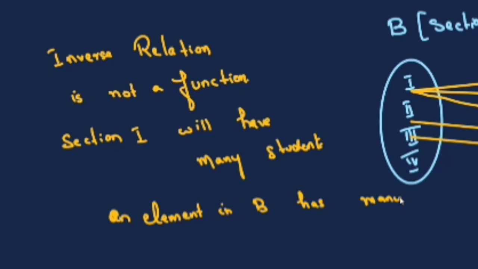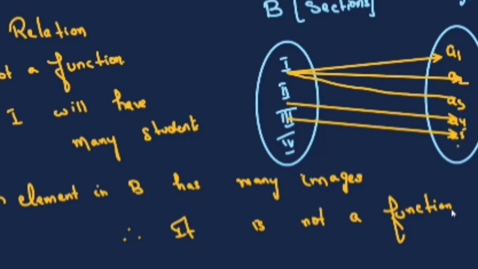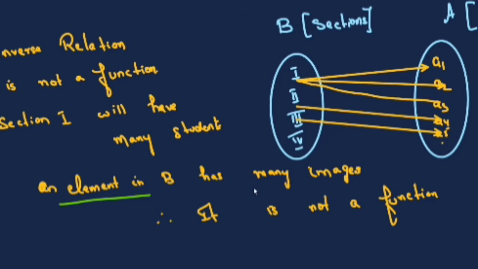An element has many images. When an element has many images, see, element 1 has many images, therefore it is not a function. So one element should have only one image. So the inverse relation is not a function, because one element has many images.